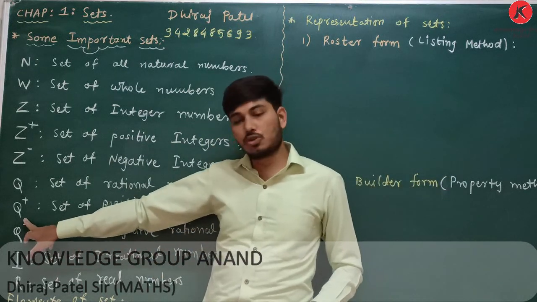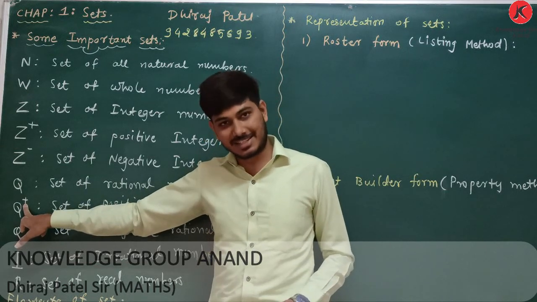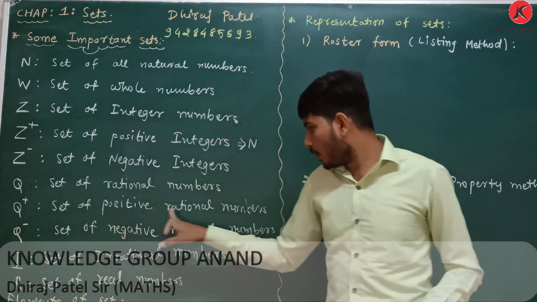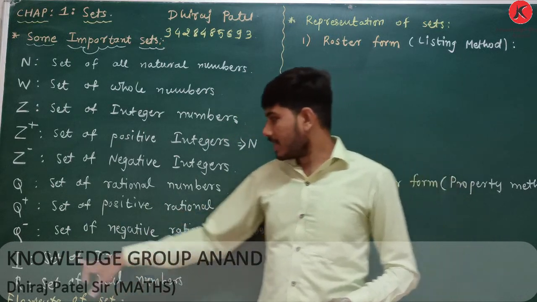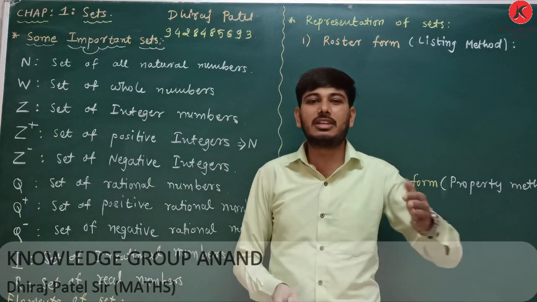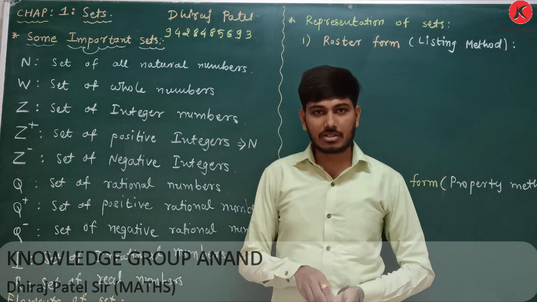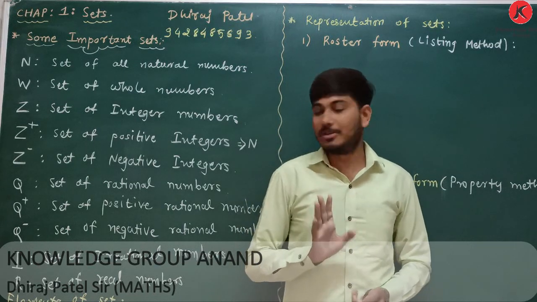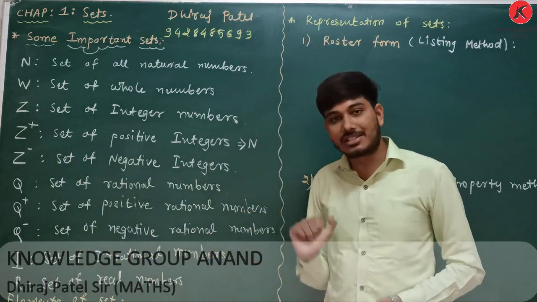Now, what is Q plus? The Q plus sign represents the set of positive rational numbers. The positive rational numbers are 2 by 3, 4 by 5, 6 by 9, 7 by 8. Now, Q minus, the set of negative rational numbers.